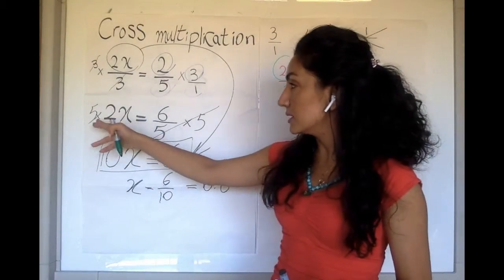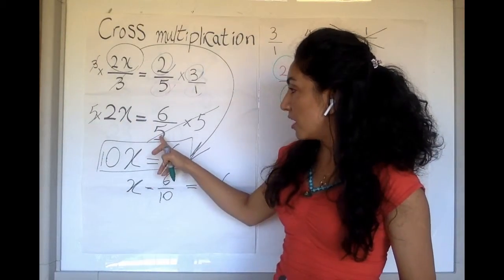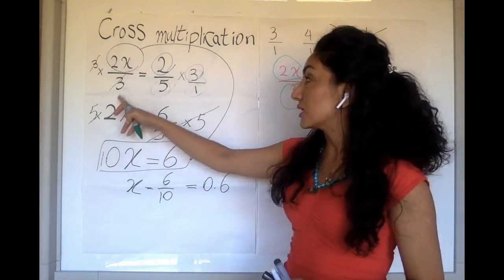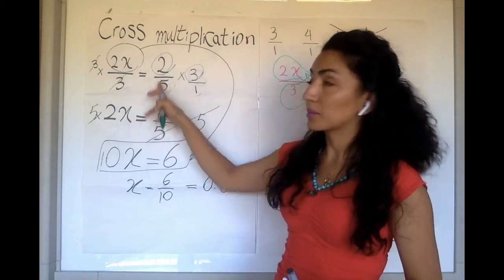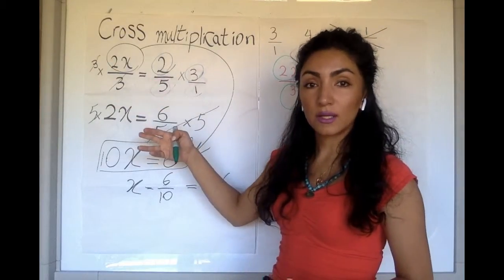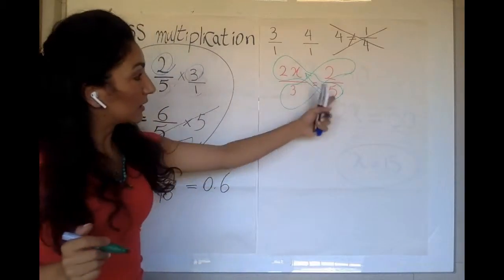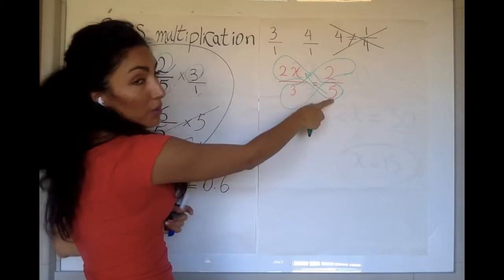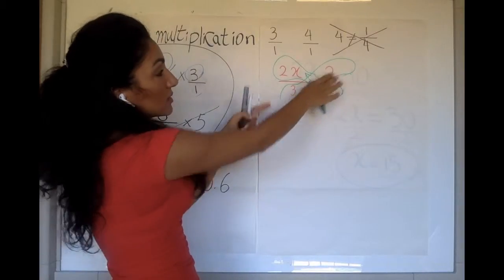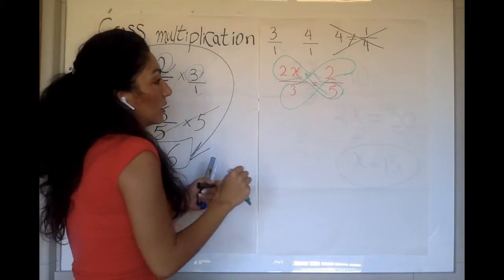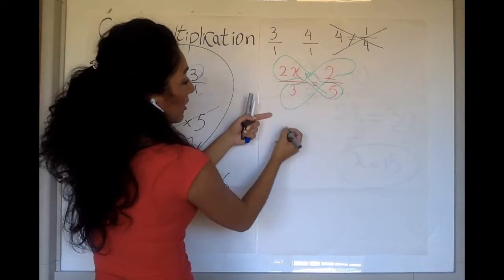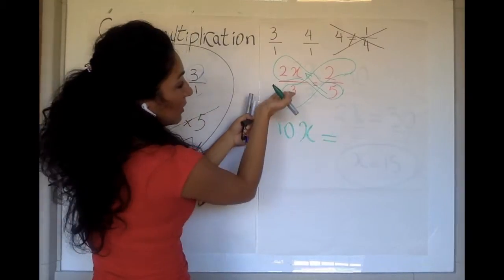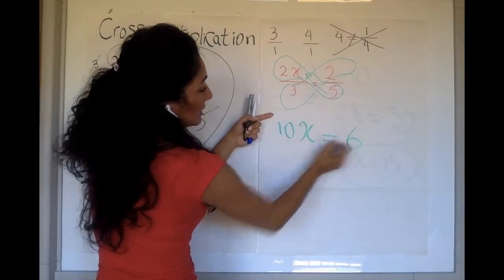Because here you can see that to get rid of that 5, I should have multiplied that side by 5, and to get rid of that 3, I should have multiplied this side by 3. So I'm multiplying this 2x by 5 and this 2 by 3. 2x times 5 is 10x equals 3 times 2, which is 6.